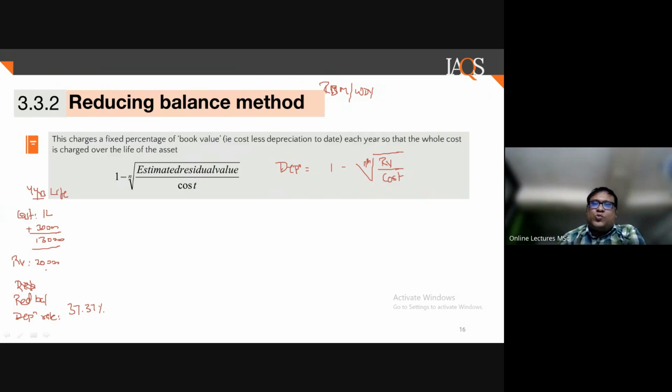So, Tom, this would be 1 minus the 4th root of 20,000 divided by 1,30,000.